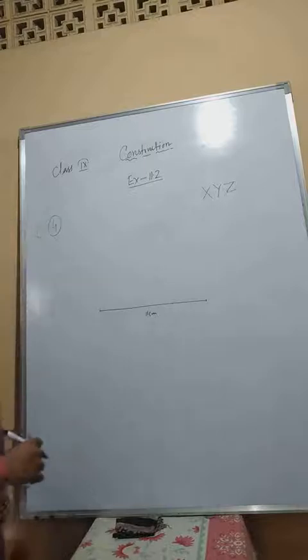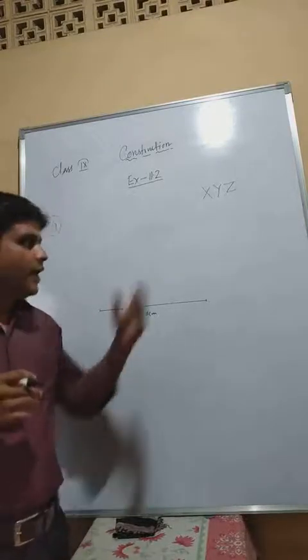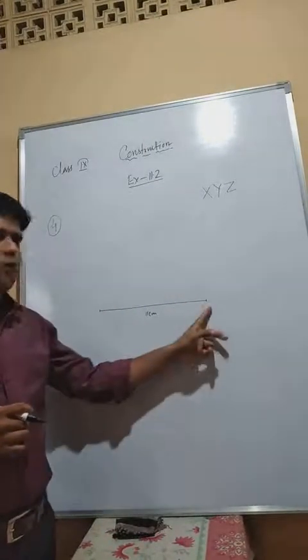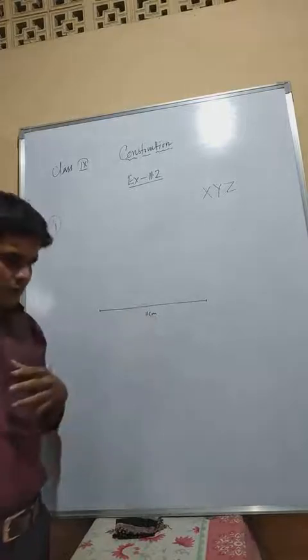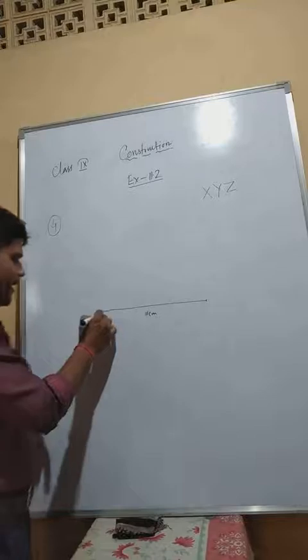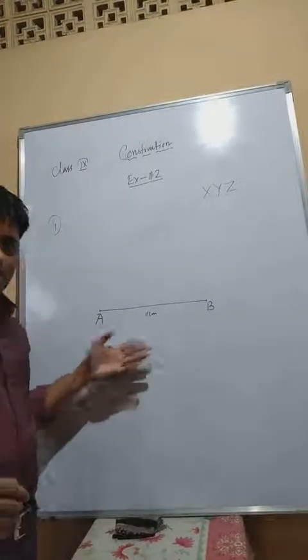After this, we are going to draw the triangle XYZ. So don't put the names X and Y here. Any alphabet you can put here except XYZ. So I am giving the names A and B, no problem.